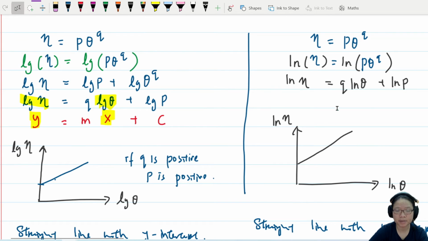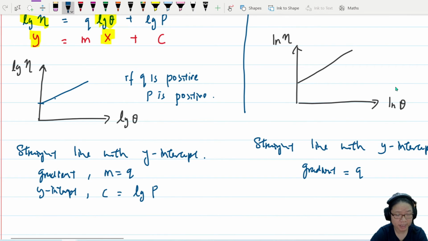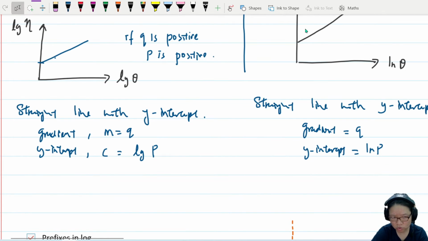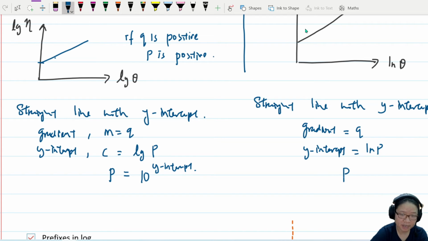But your y-intercept is now ln p. Hey, miss, looks the same. No. So now if you want to find p, you will take 10 to the power of y-intercept. If you plot the second graph, you will take e to the power of y-intercept.